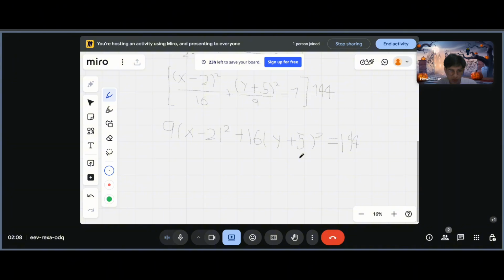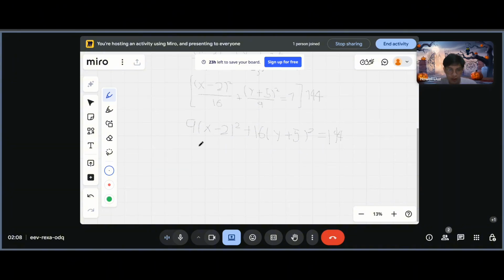So the next is to expand the binomial by its values.